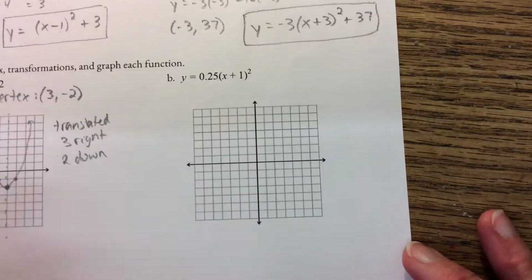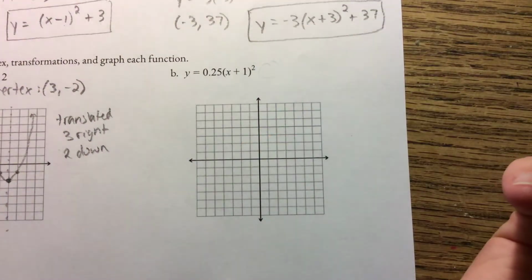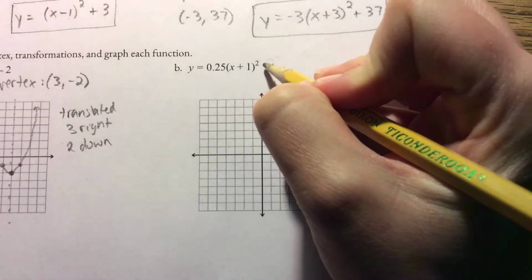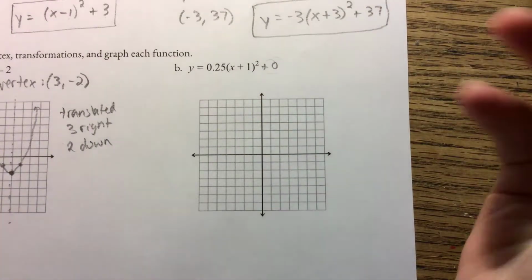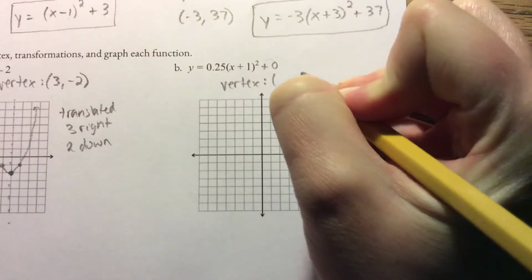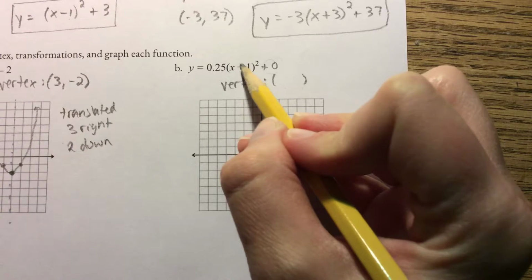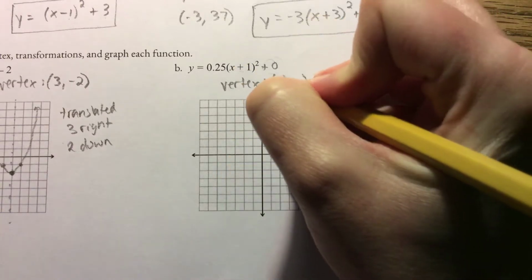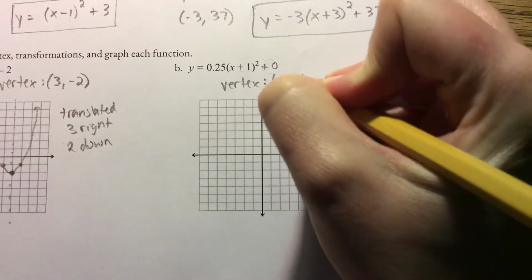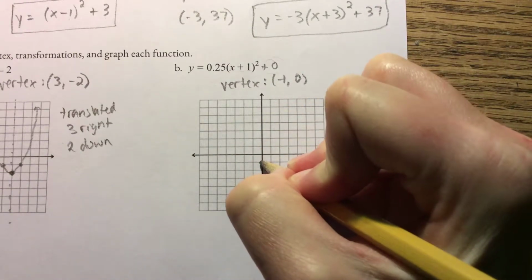Okay, example B. So you can see on here, this does not have a K value added on to the end. So that's almost like having a plus 0 on the end. So my vertex, this is plus 1. In the formula, it's a minus in that spot, so that means I need to switch the sign. And then this is the 0 at the end. So this means the vertex is at negative 1, 0.